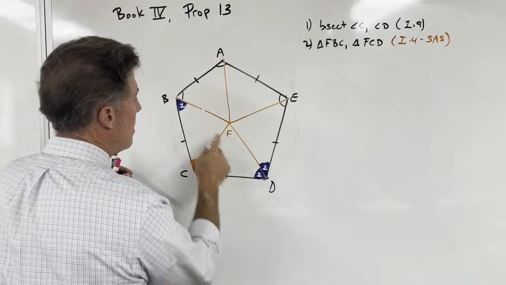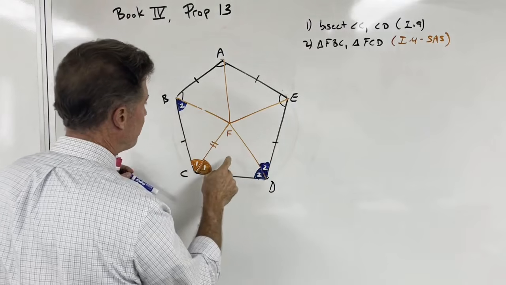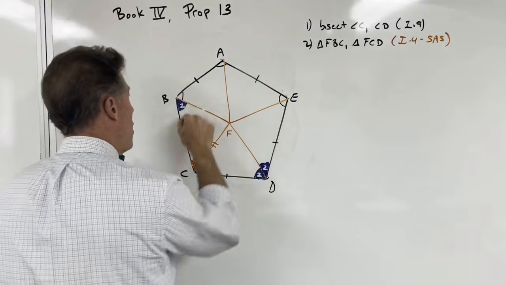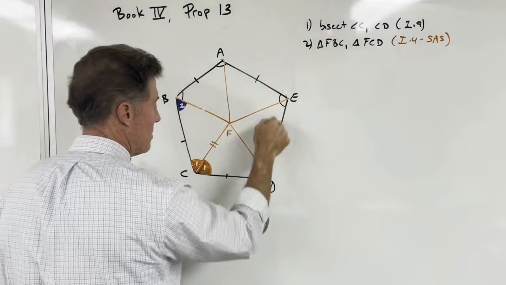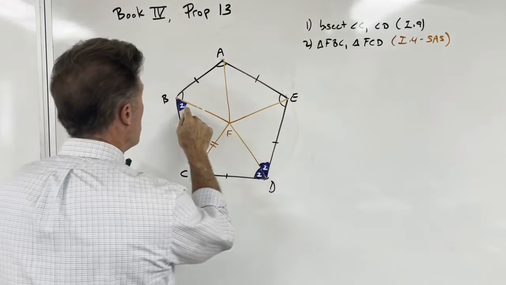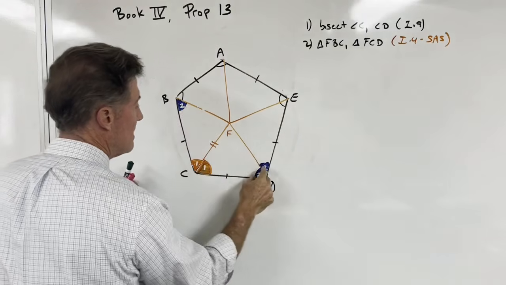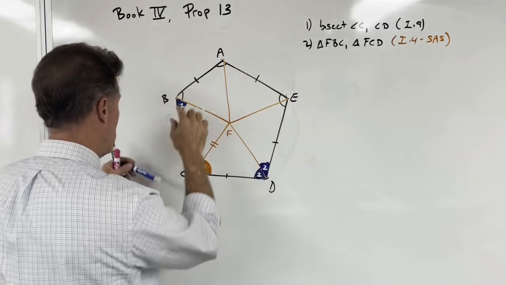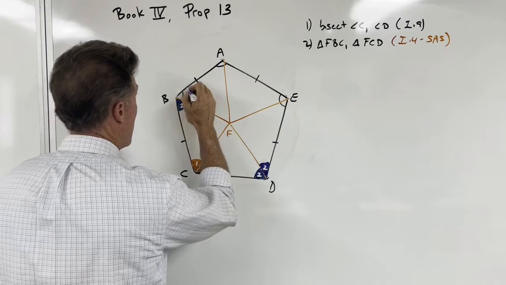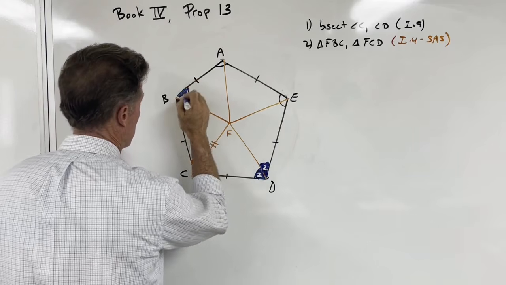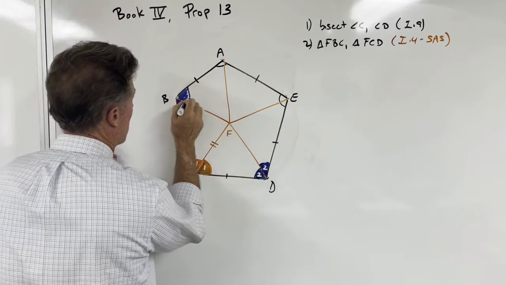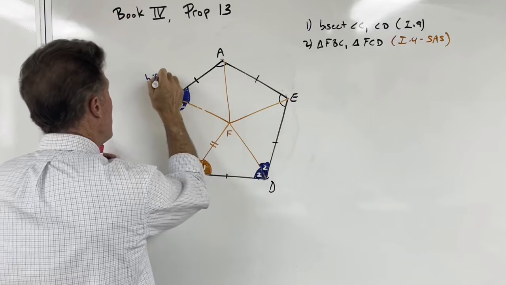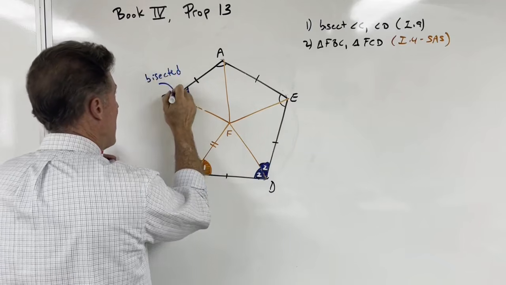Okay, so now we know that this angle is equal to this angle, and this whole angle is equal to this whole angle, right? Because all these angles are equal. Therefore, since 2 is half of this angle, 2 is half of this angle. Which means this other half is equal to 2. And this whole angle, this angle here, has been bisected.